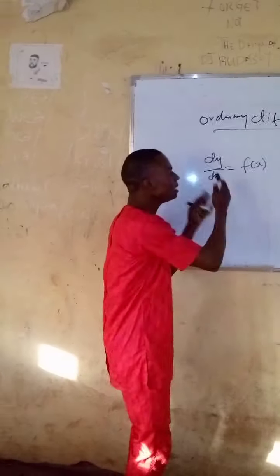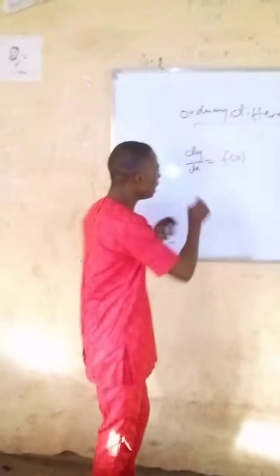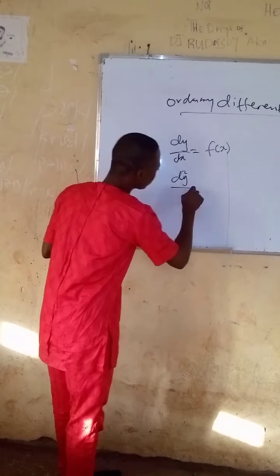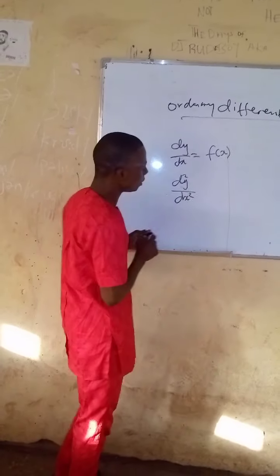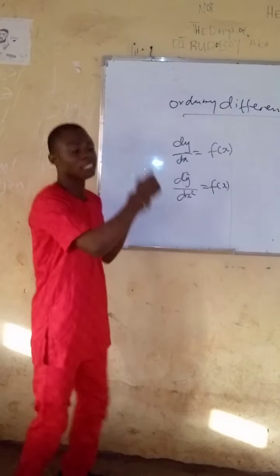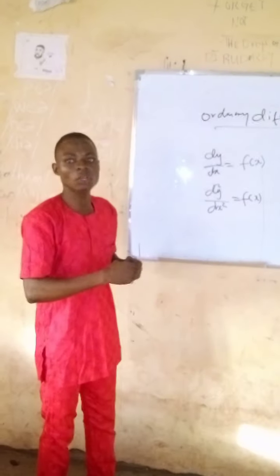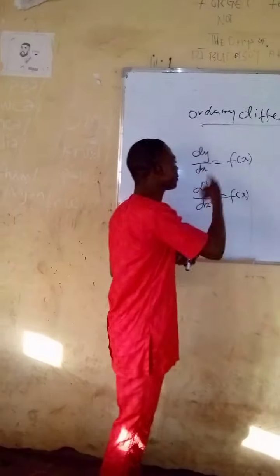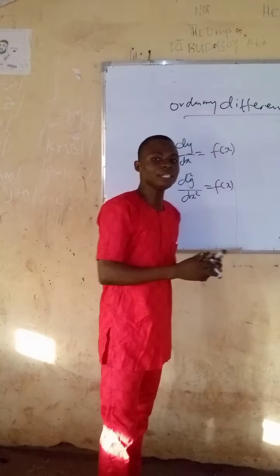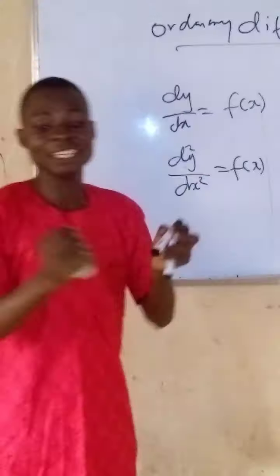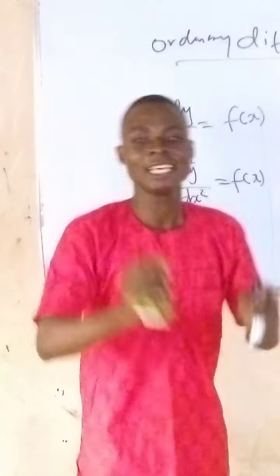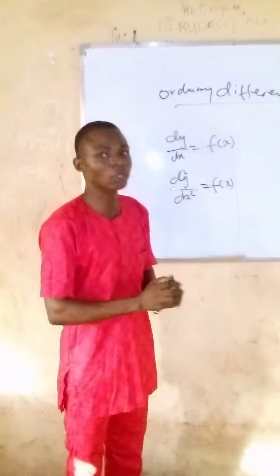If we have d squared y over dx squared equal to a function of x, we call it second order differential equation. If you keep on increasing this number here, the order keeps on increasing.